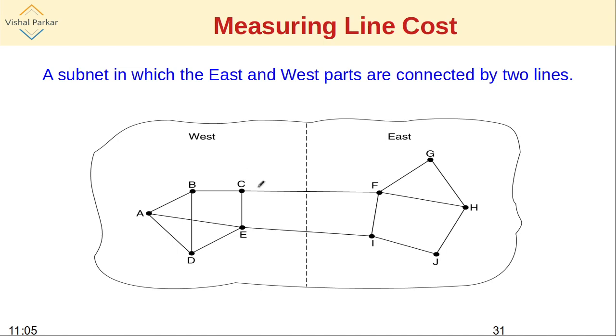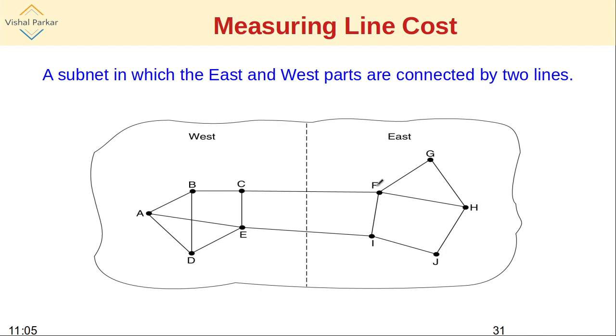Now if all the routers continue to send the packets through EI, eventually the load on EI will also increase, and the EI line will get flooded, and the propagation delay for that will also increase. Due to this, the routers will calculate this change and start diverting the packets onto the CF line.